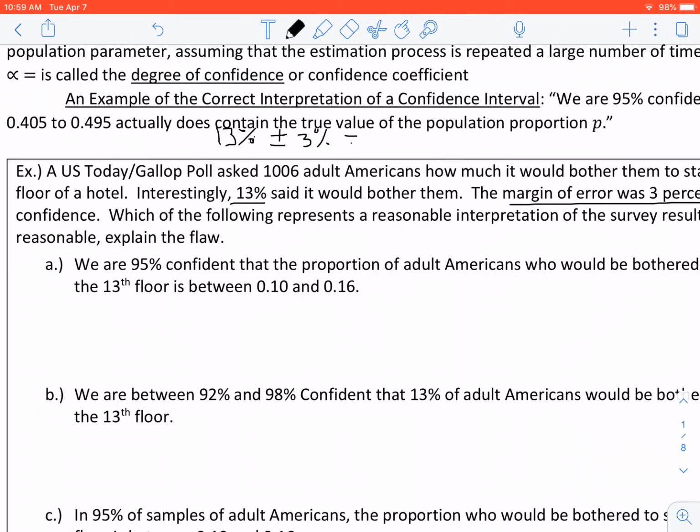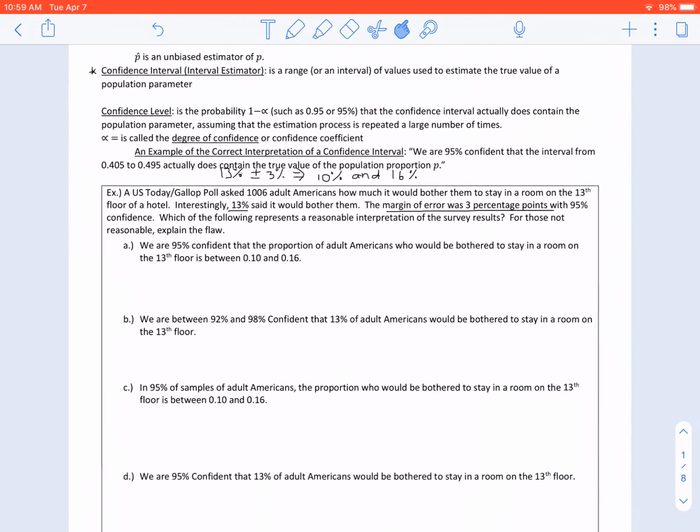So that means it's actually between, subtracting 3 from 13 is 10%, and adding 3 to 13 it would be 16%. And again, that's written as percentages. It could be written as decimals also.